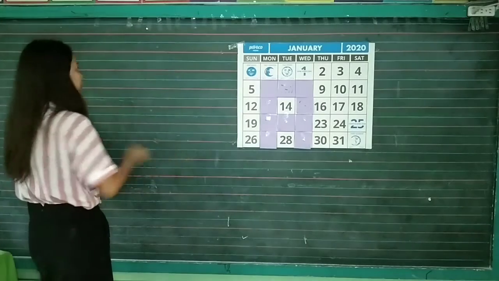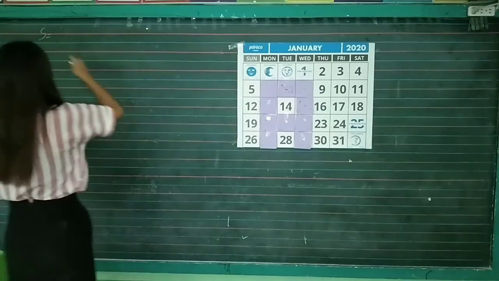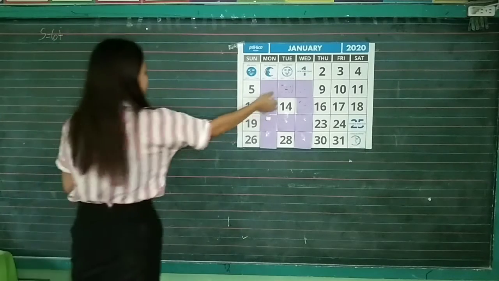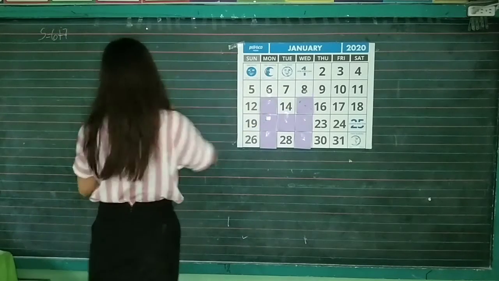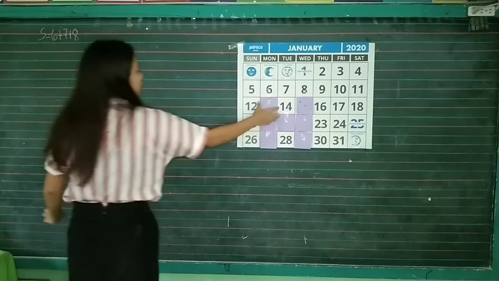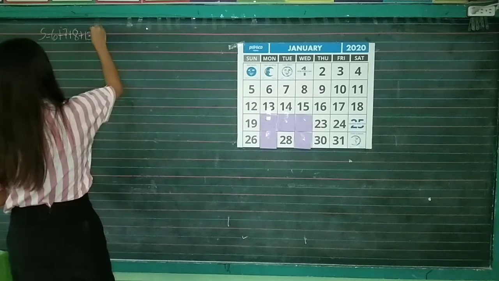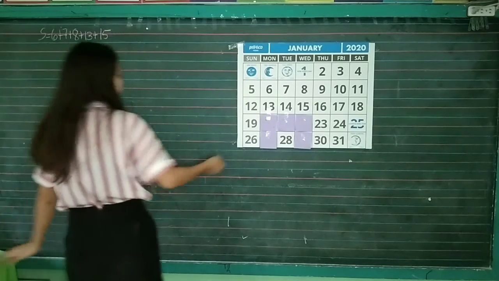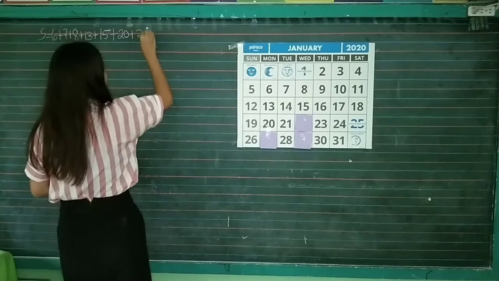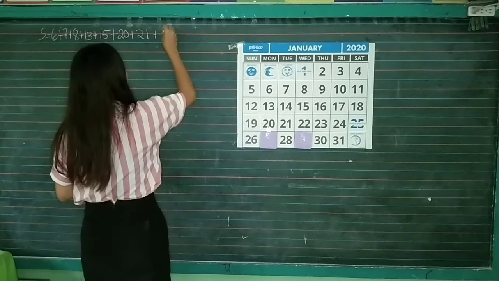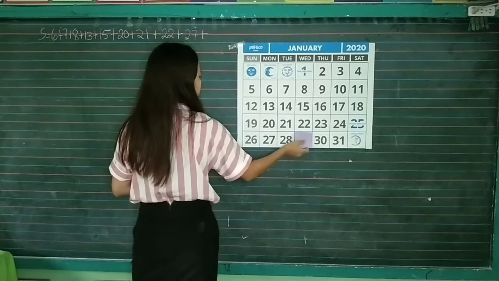S, or sum, is equal to 6 plus 7 plus 8 plus 13 plus 15 plus 27 plus 29.